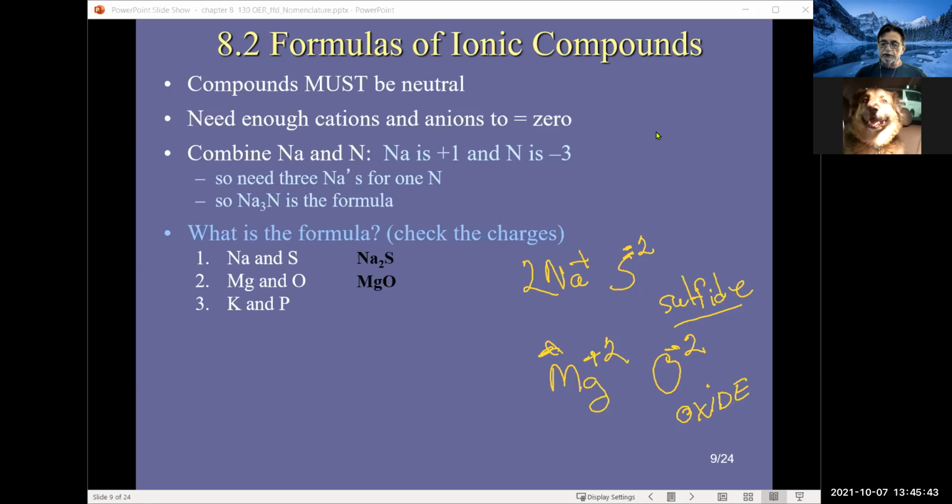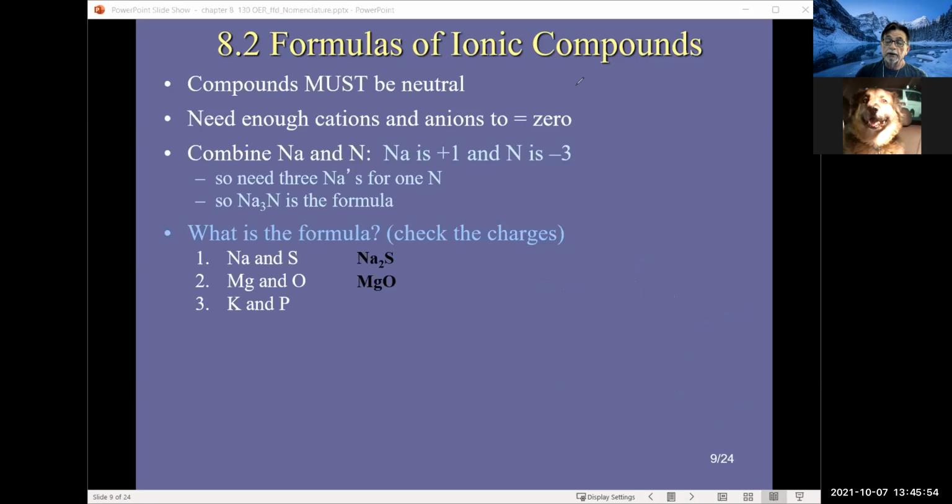I'll come back to the names here in a second. All right, here we go with potassium. Let me clear up a little bit here. Potassium, group 1, has a +1 charge. Phosphorus is in group 5. It will gain 3 electrons because it's in group 5.